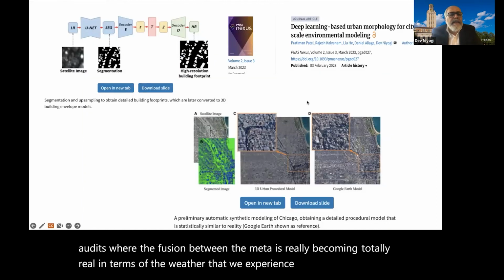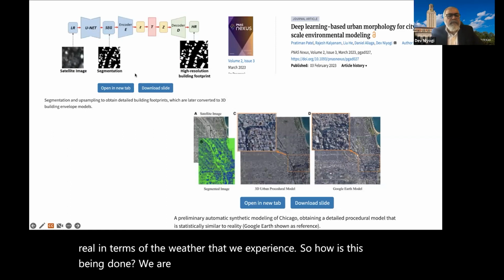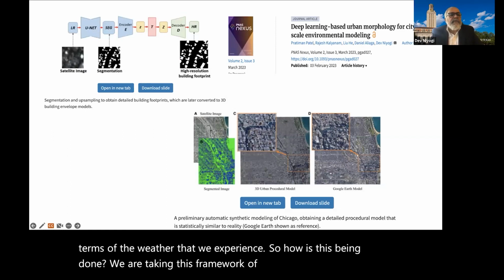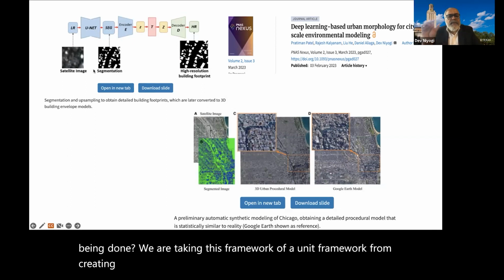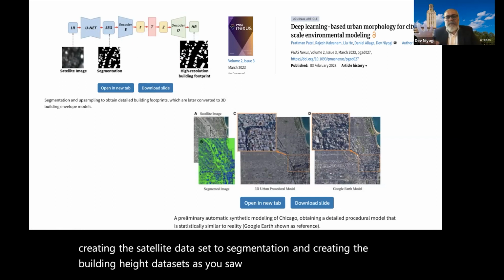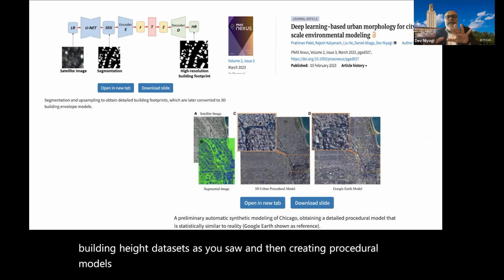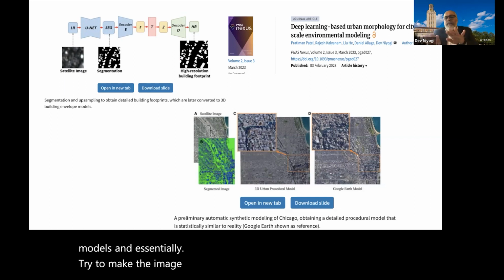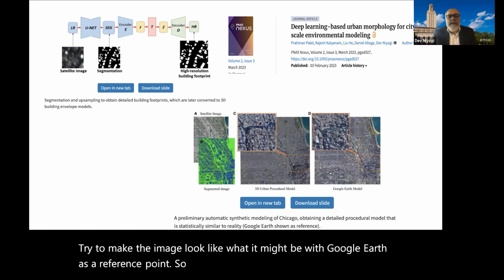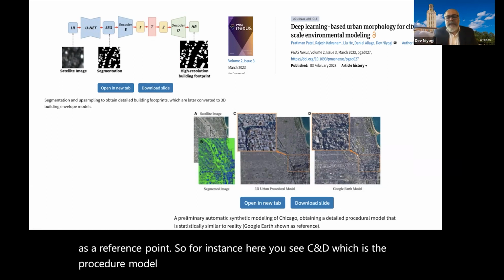So how is this being done? We are taking a UNet framework, from creating the satellite data set to segmentation and creating the building height data sets, as you saw, and then creating procedural models and essentially trying to make the image look like what it might be with Google Earth as a reference point. So for instance, here you see C and D, where C is the procedural model based image, and D is the Google Earth reference point.